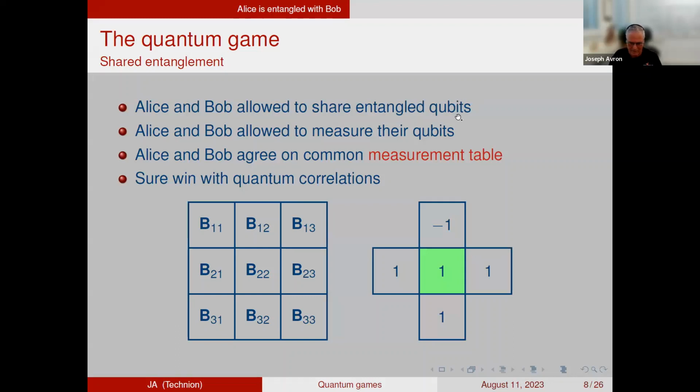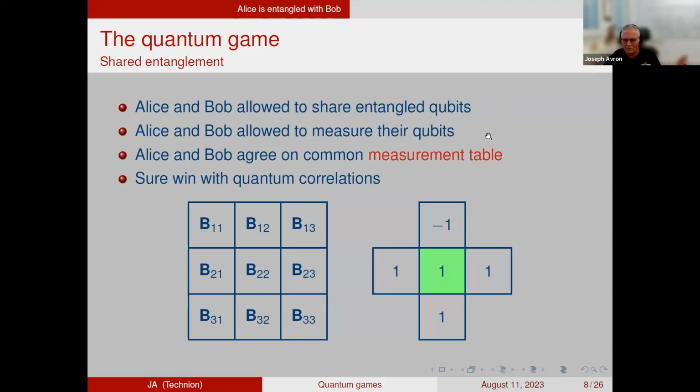Say when Alice and Bob make their strategy, they are allowed to prepare a quantum state. In fact, as we shall see, they will prepare a quantum state of 4 qubits, and Alice will take 2 qubits to her room, and Bob will take 2 qubits to his room, and the qubits will be in a state which is entangled in a way that I will explain later.